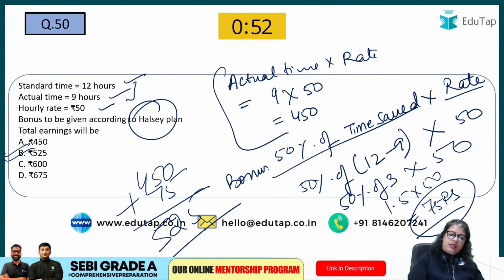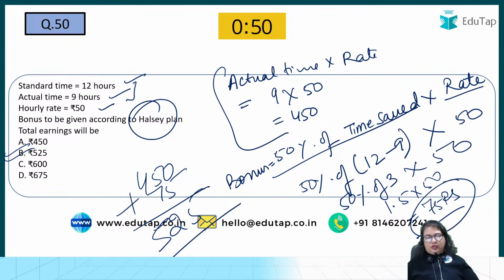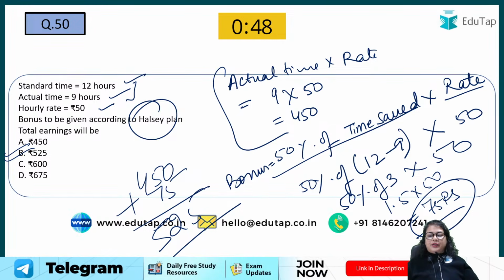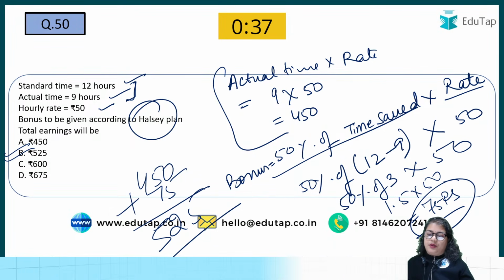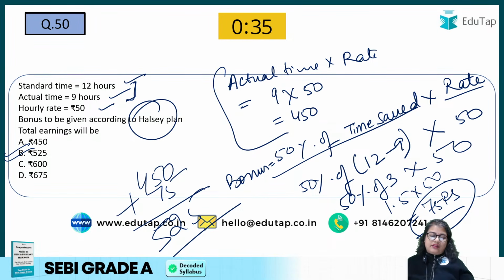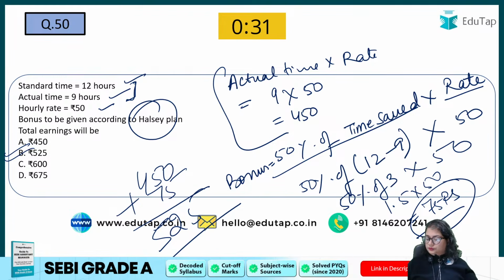Bonus is equal to 50% of the time saved into rate. 50% of how many? 3 hours, because standard minus actual, 3 hours is saved. So 50% of 3 is 1.5, and into the rate, 50 rupees. So 1.5 into 50, that is 75. 75 rupees would be given as bonus. So we'll just add it to the normal. Okay.